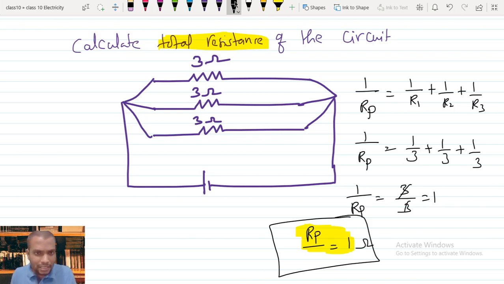Here each resistance is 3 ohms, and these three resistances are connected in parallel. So what about the total resistance? The total resistance value here is 1. It means the total resistance value in the parallel combination decreases.